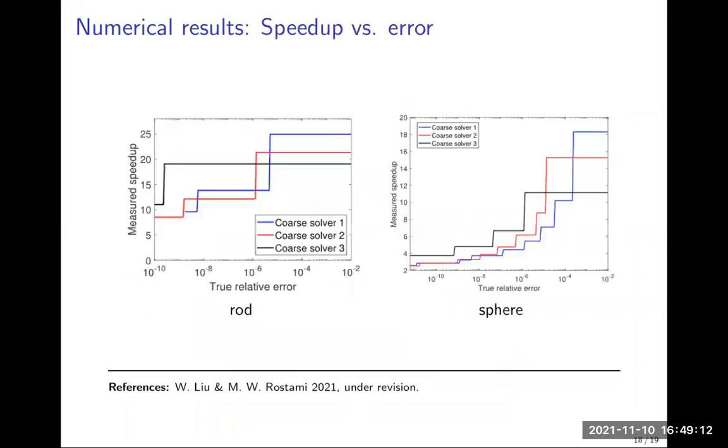to model vesicles. So this is the final slide on numerical results. I'm showing you two figures. Both are speed up versus error. The left one is for the rod example that you've seen, and the right one is for the sphere.